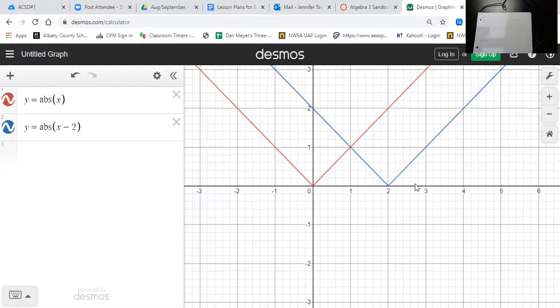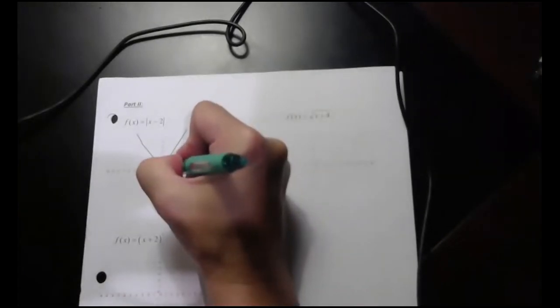My critical points are still to the right one, up one, or to the left one, up one. So let's go put that in. Interesting, huh? So right now, my new point is right here. My next critical points are right there. Now, remember to dash this so you can remember which one was the parent and which one was the dashed.